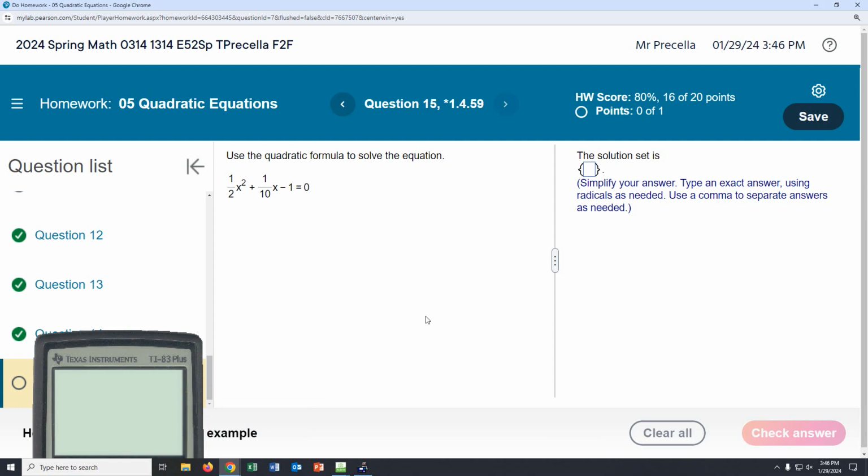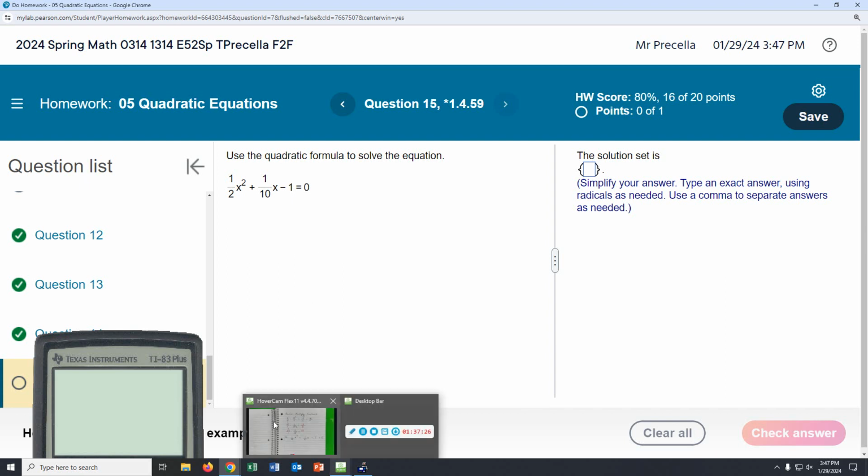Let me write down number 15, and I'm going to spread it out a lot, because I'm going to rewrite this equation so we don't have any fractions. 1/2 x squared plus 1/10 x minus 1 equals 0.